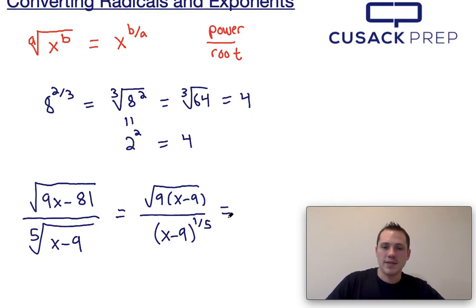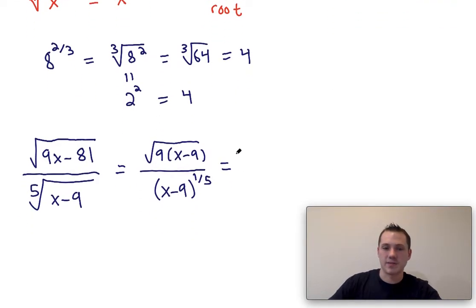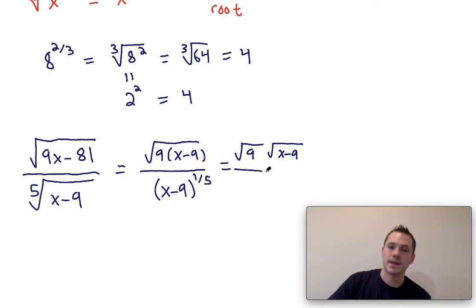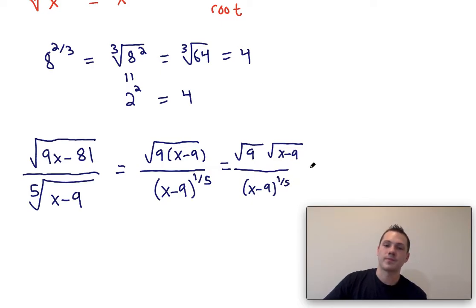So if I think about the top, the square root of 9, we can break this down into two different parts, where it's the square root of 9 times the square root of x minus 9. For multiplication, you're allowed to split radicals that way. However, you cannot do it on the basis of addition or subtraction. And in the denominator, I'm going to keep this as x minus 9 raised to the 1/5.